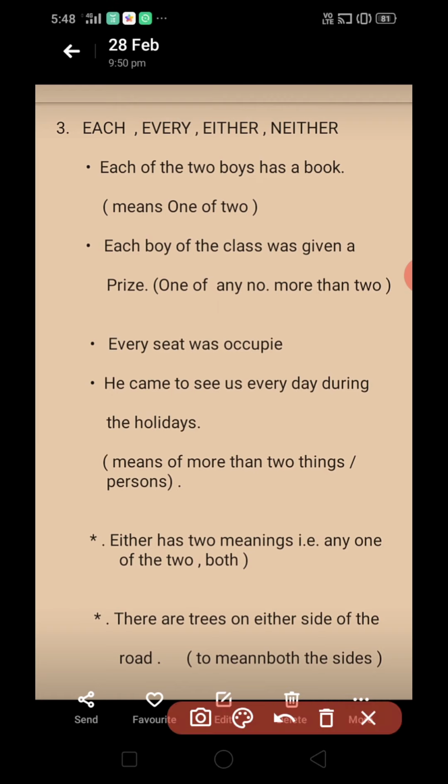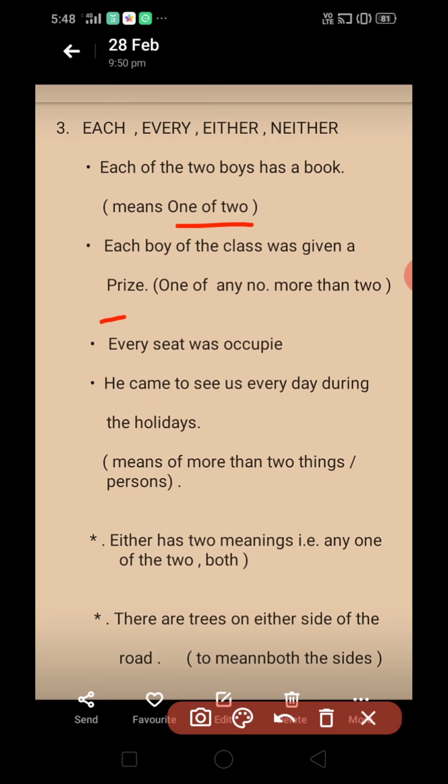Next, in question number 3 is every, either, neither. Each of the two boys has a book. It means one of the two. And each boy of the class was given a prize.